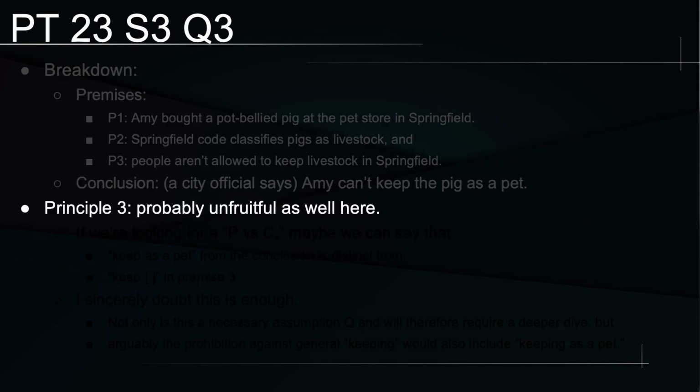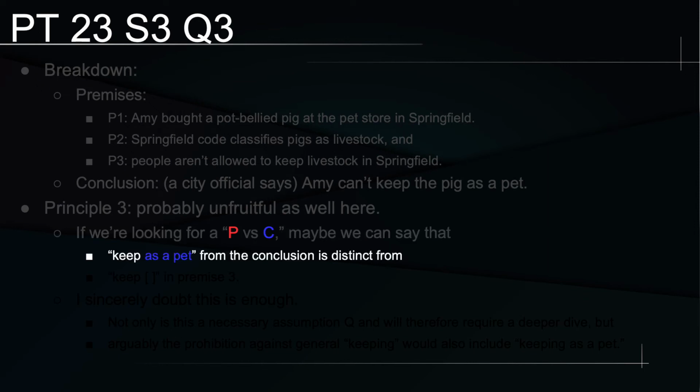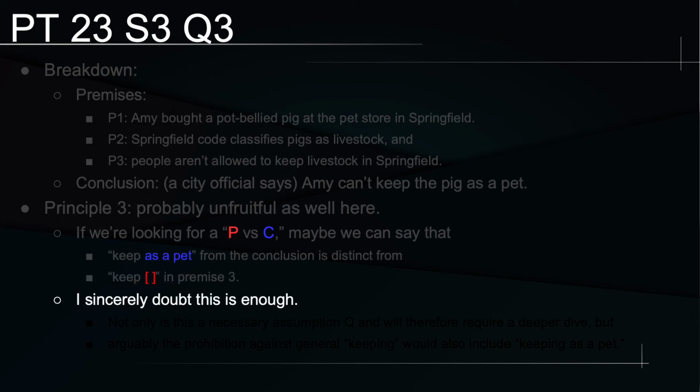Going to move along to principle 3. Unfortunately for me, though, principle 3 may also prove unfruitful here. The reason I say this is because if we're looking for a P versus C, maybe we can say that the keep as a pet part from the conclusion is distinct from the general keep that's discussed in the law in premise 3. But when you look at it, I sincerely doubt that this is going to be enough.